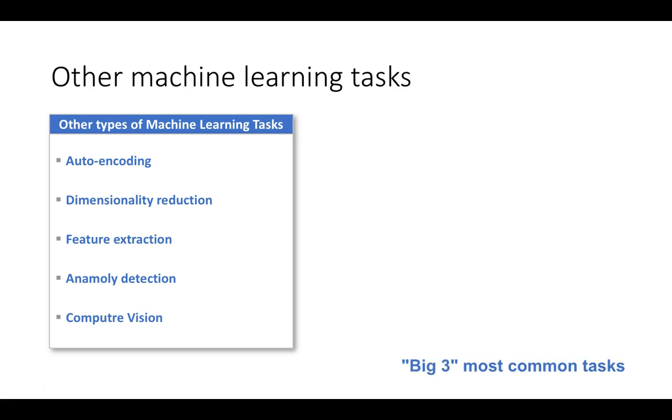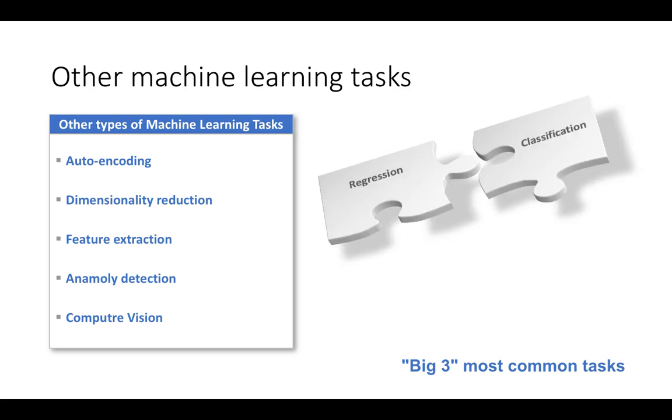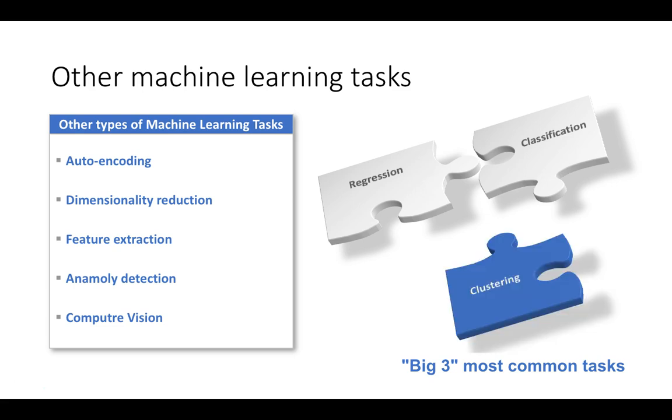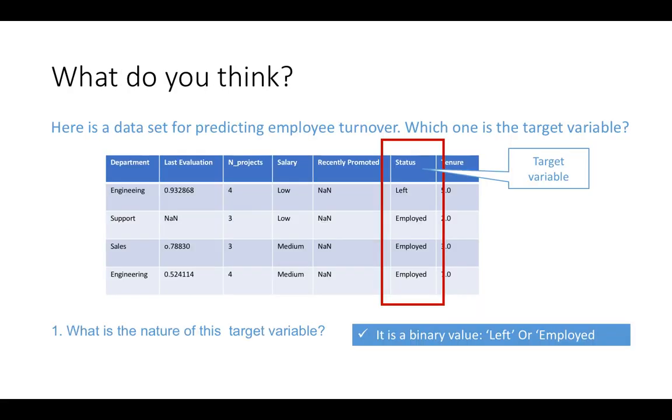In this class we will learn the big three most common tasks: regression, classification, and clustering. We'll do one project for each of these ML tasks and learn hands-on how to apply some of the algorithms and all the tools to build industry-strength models.